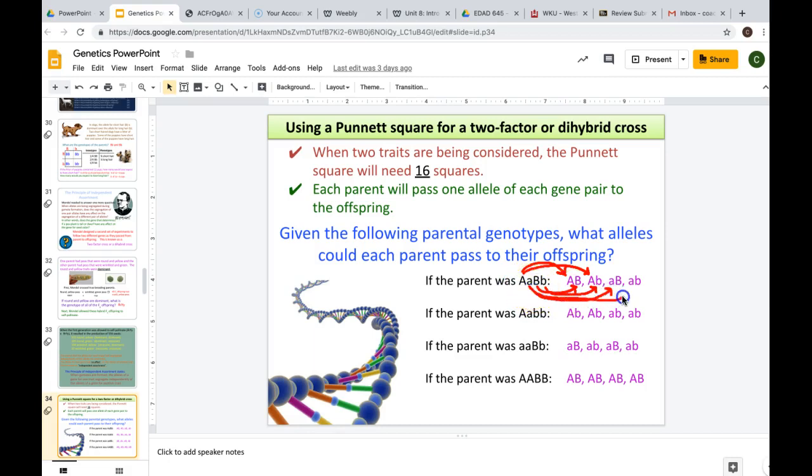It will combine with both big B and little b. So these would be our 4 allele combinations for this parent. And same goes for all of these other parents, okay? So let's look at an example.